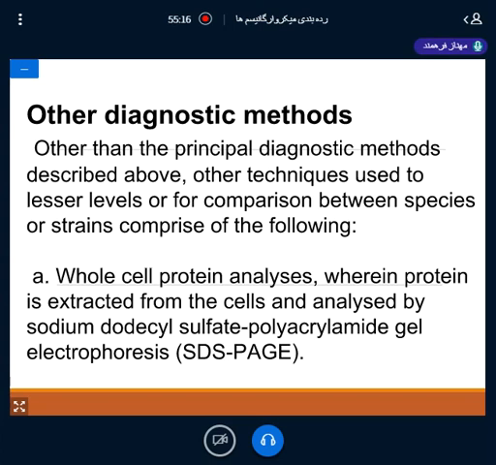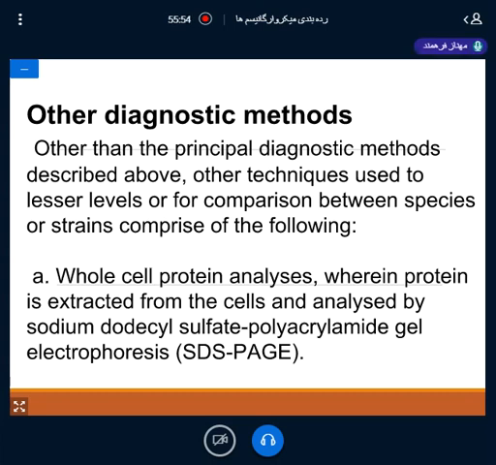A. Whole cell protein analysis, wherein protein is extracted from the cells and analyzed by sodium dodecyl sulfate polyacrylamide gel electrophoresis, or SDS-PAGE. So here you can see other diagnostic methods, for example, whole cell protein analysis. We can analyze the whole cell protein and then we can diagnose the bacterial cells.